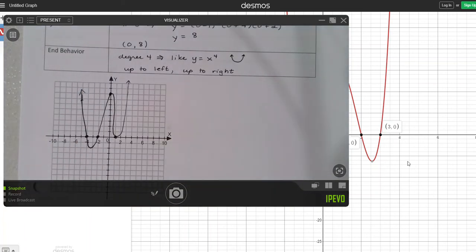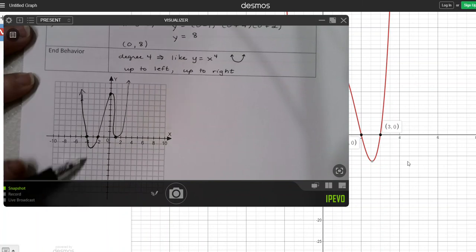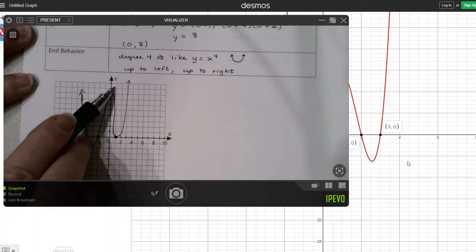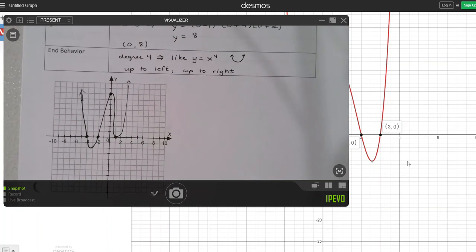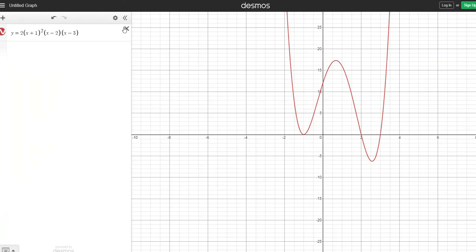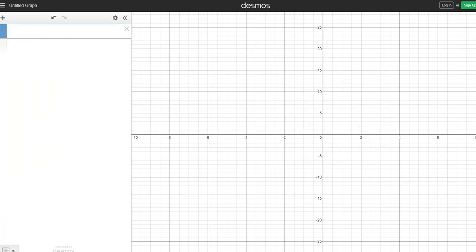That's about the best that I can do by hand. Now, it may be that this goes down much further. It may be that this goes up much further. I can't really tell by hand, so that would be the best I could do that way. But I should have the basic shape of the graph correct. Of course, if I wanted more accuracy, I could always go over and check it out on Desmos.